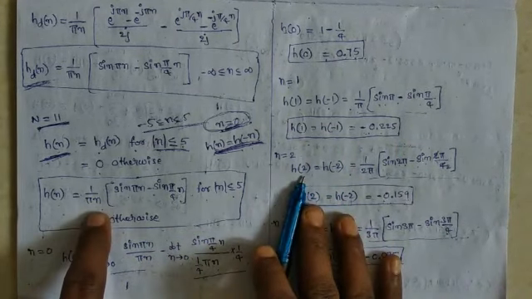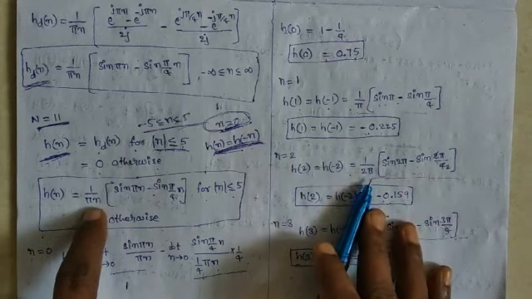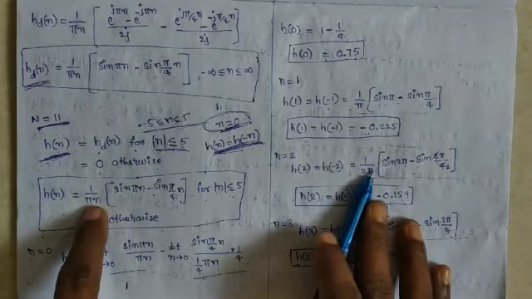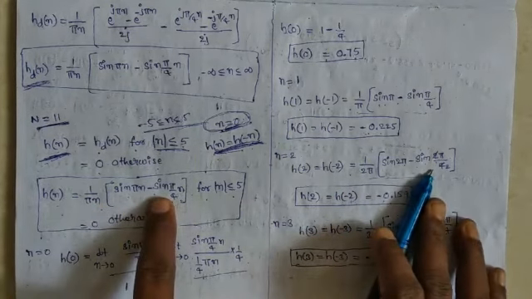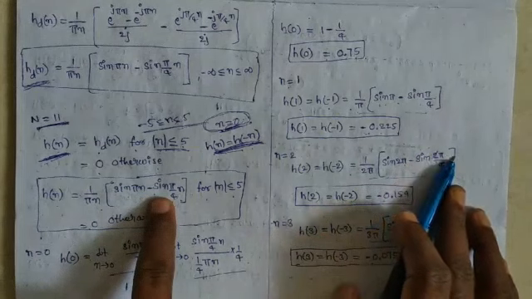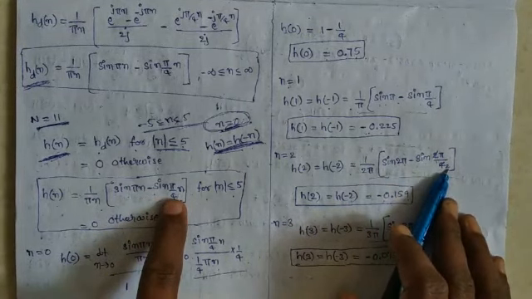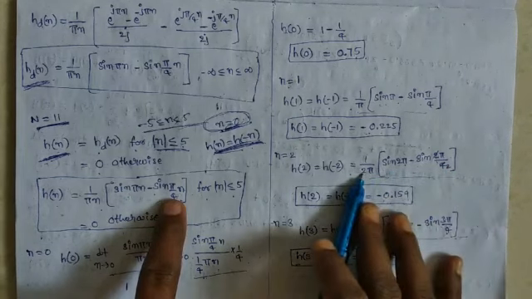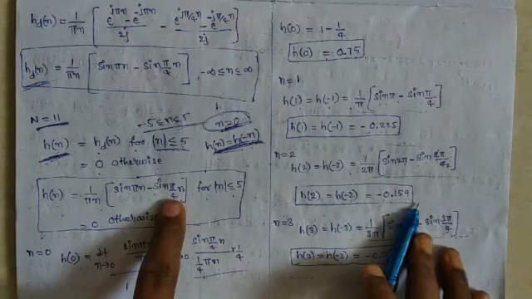Here h of 2 is equal to h of minus 2, which is equal to 1 by 2 pi into sin 2 pi minus sin 5 by 4 into 2, that is sin 5 by 2. Its value is equal to minus 0.159.